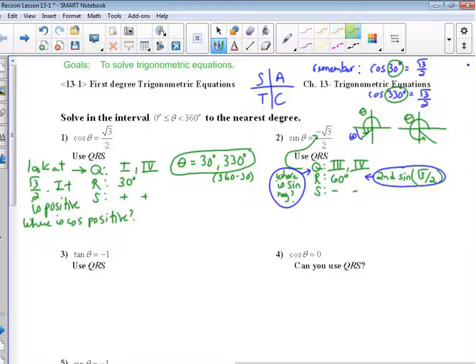And I know that this piece is 60. So in quadrant 3, to find theta, so the measure of angle theta would be 210 minus 180 for quadrant 3. Oh, I'm sorry. Yeah, 210 minus 60.